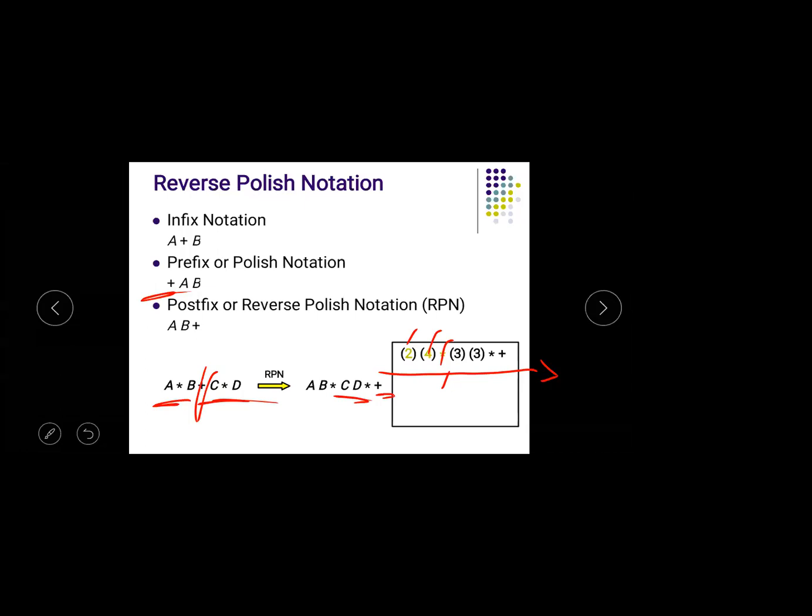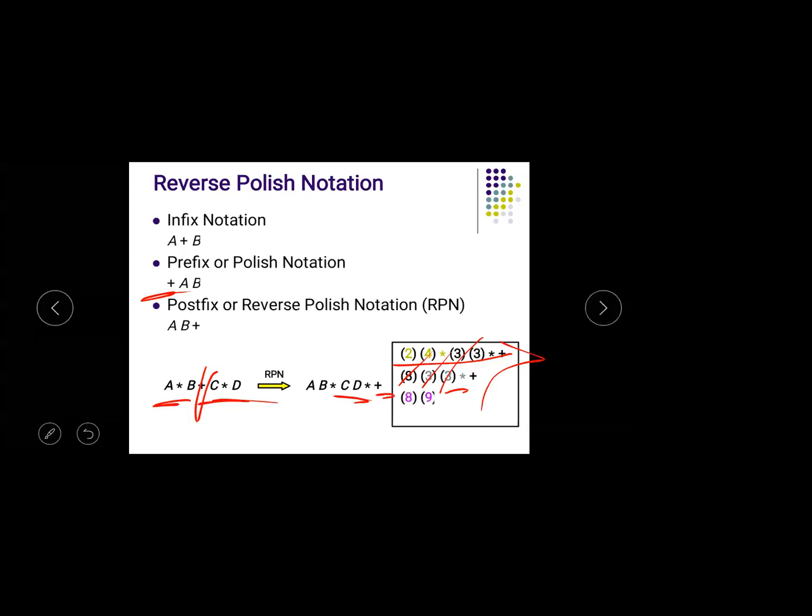2 4 multiplied, we get 8. Look, 8, and 3 3 star plus. Again scan from left to right. 8 operand, 3 operand, 3 operand. Star is the operator. When an operator is found, that operation is performed between the two operands before that operator: 3 into 3 is 9.